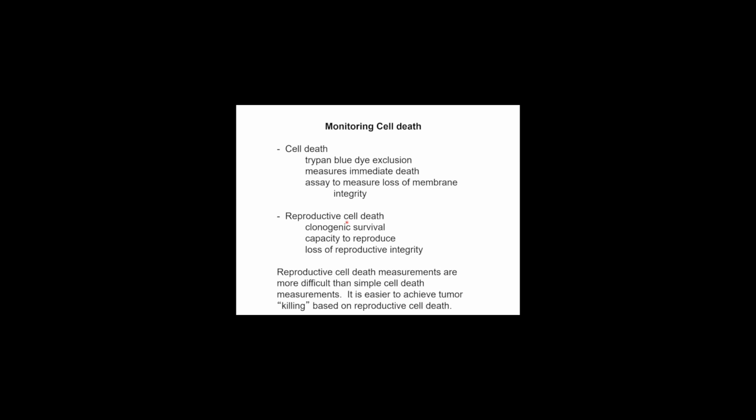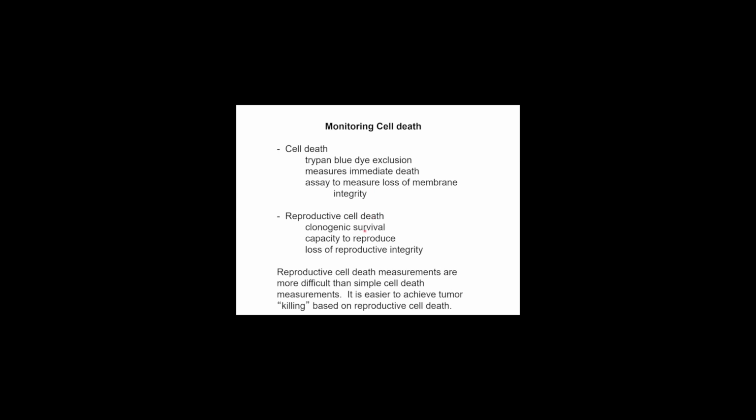So for that reason, radiation oncologists and radiation biologists distinguish between trypan blue dye exclusion, metabolic death, and reproductive cell death or clonogenic survival. Therefore, when we are measuring whether a cell can survive or not, we are measuring whether it can divide, not whether it can metabolize. This is a much more tedious assay.